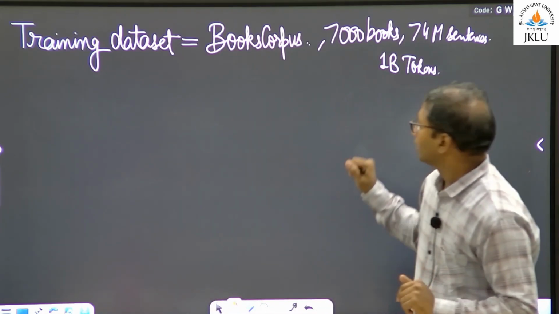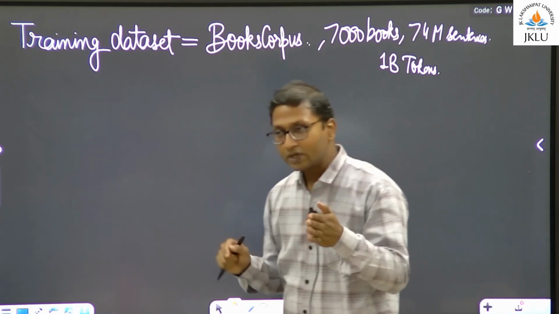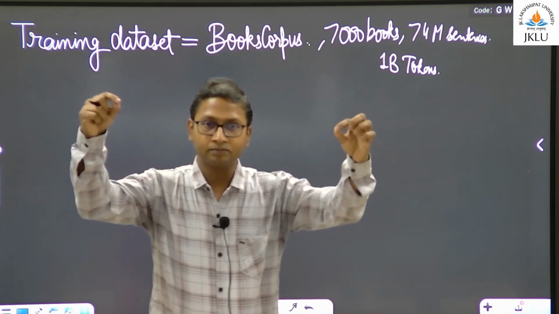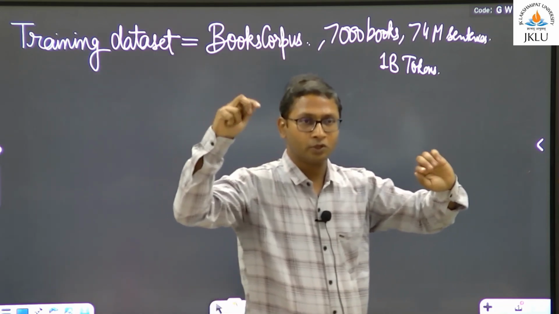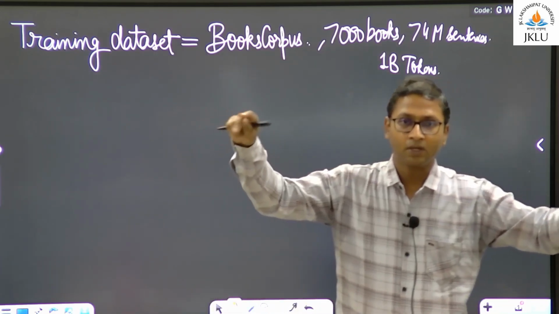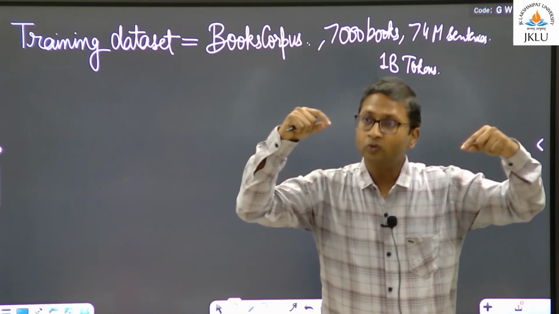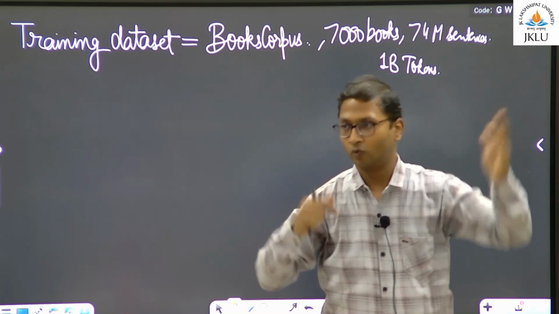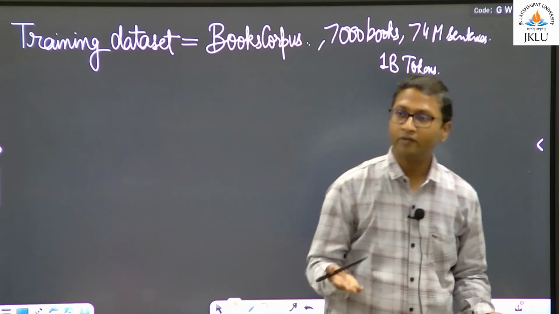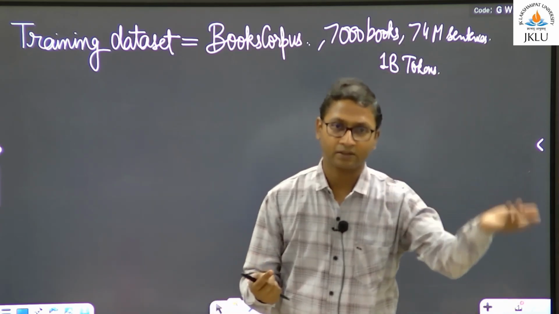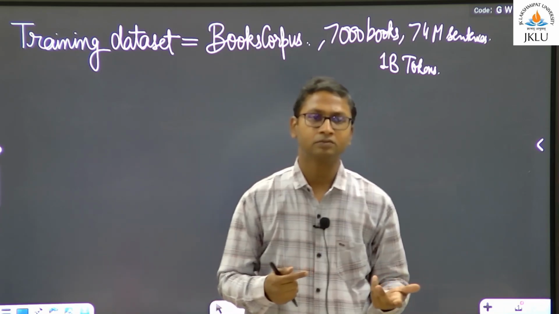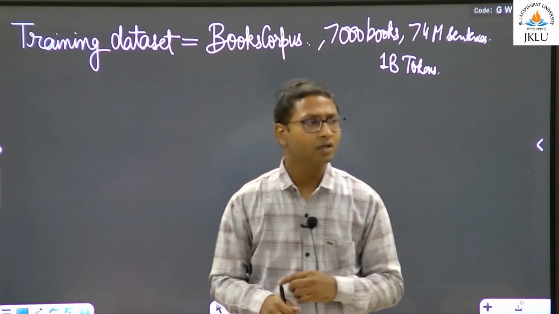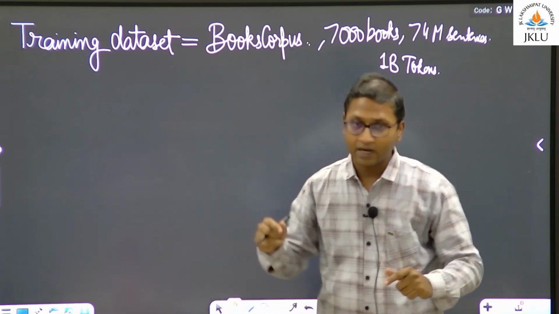Now, until then, what was the NLP community doing? If you want to do NER, what are you supposed to do? You should have a lot of examples, and for every word you are supposed to have a label that this is a named entity 0 or 1, or you will have some other things like question answering, or what were the other NLP tasks? Sentiment classification, right? So you had all these different tasks.